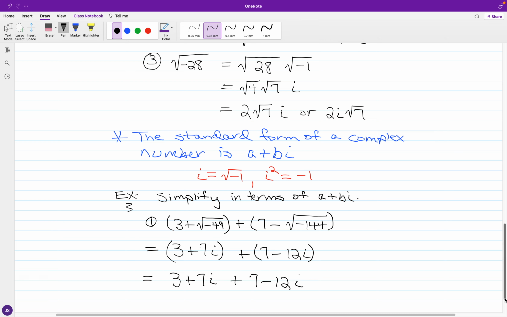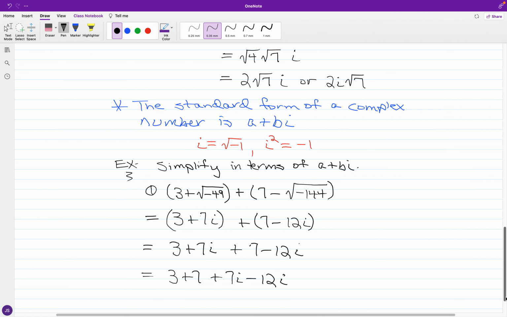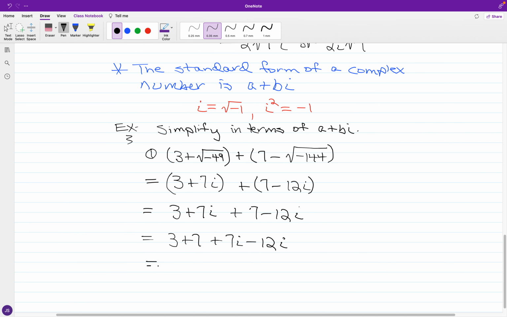For the arrangement, for the constants, we got 3 and 7, and you can go ahead and add those together. And for the variable i, we got 7i and -12i. So 3 plus 7 is 10, and 7i minus 12i is going to be -5i.